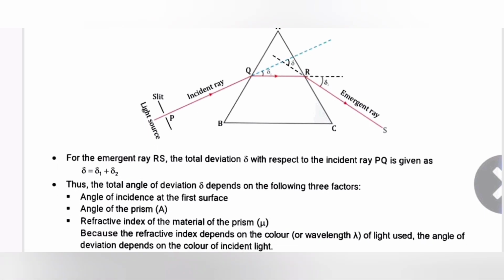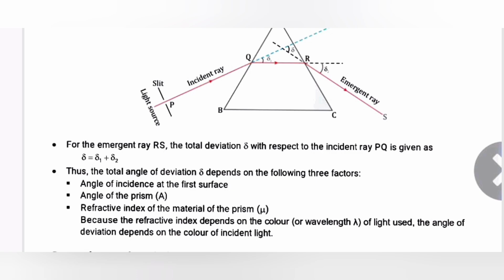So they are dependent on three factors. The first one is the angle of incidence at the surface. When the angle of incidence changes, the refraction of light differs, which results in deviation. Then the angle of prism.